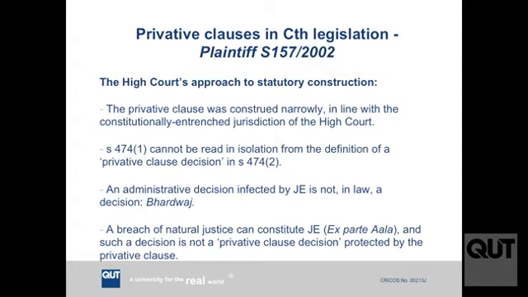Would it make any difference if the privative clause explicitly stated that it precludes review of a decision affected by jurisdictional error? The answer is no. A privative clause cannot preclude review of decisions affected by jurisdictional error because review of such decisions is protected by the Constitution.